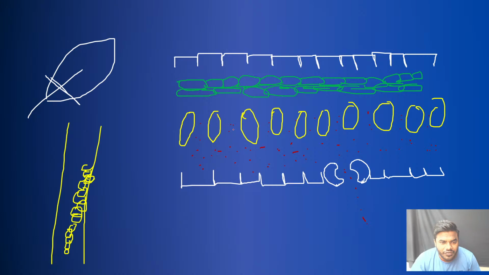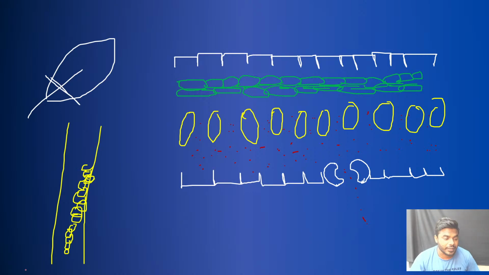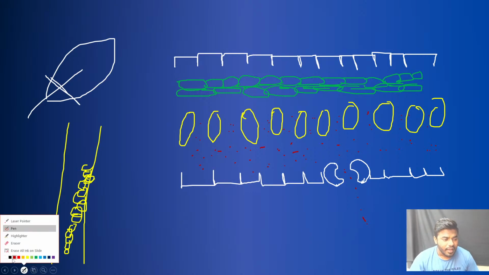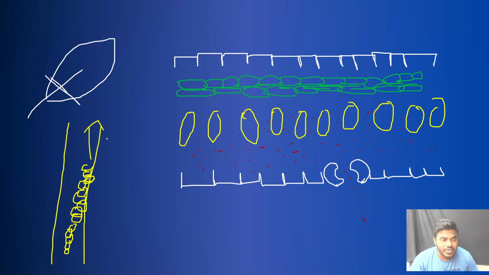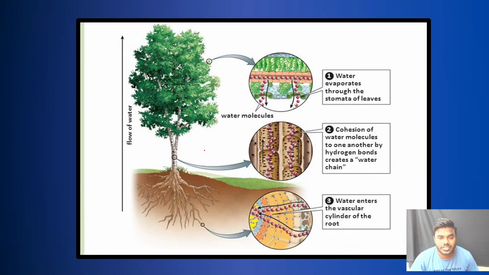When they start pulling the water, immediately you know what happens? It creates a pressure on this water chain. As a result, friends, you all can see here, this water chain is coming up.